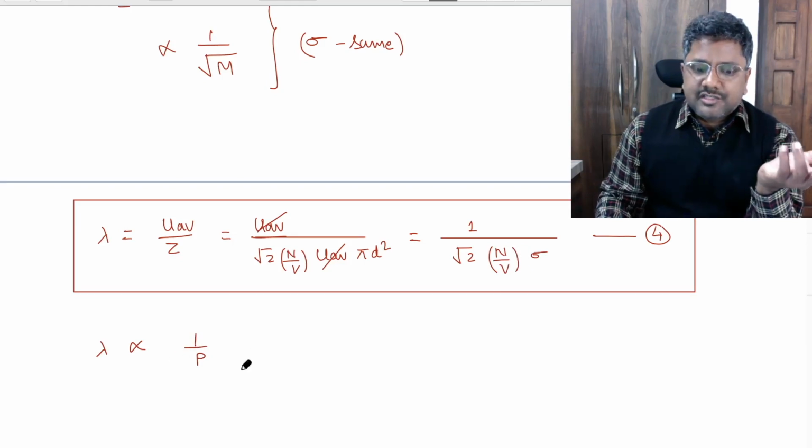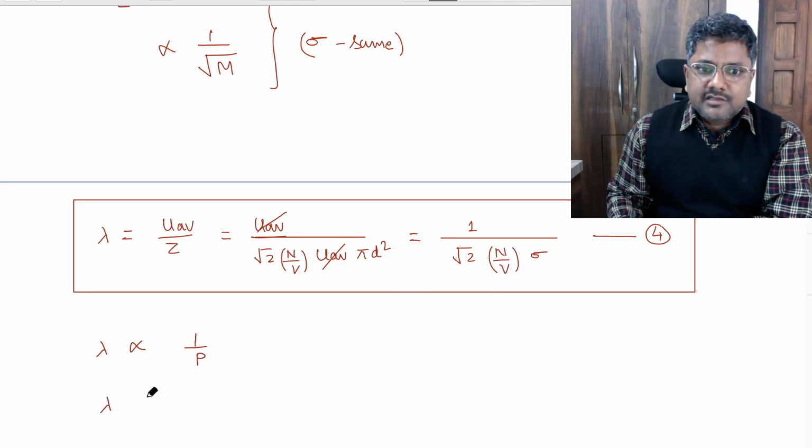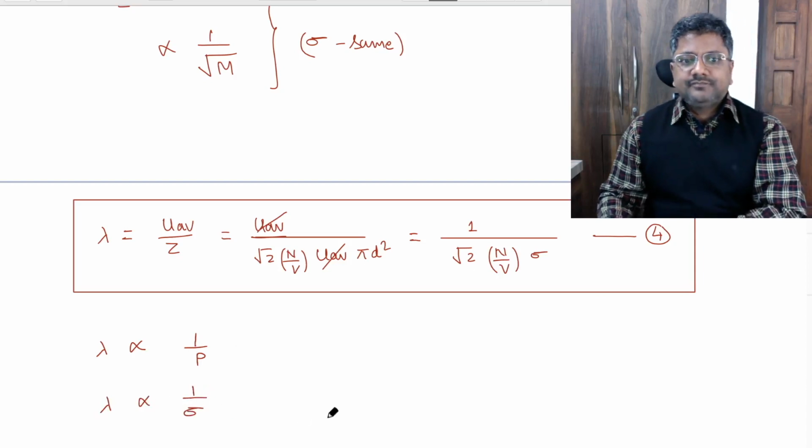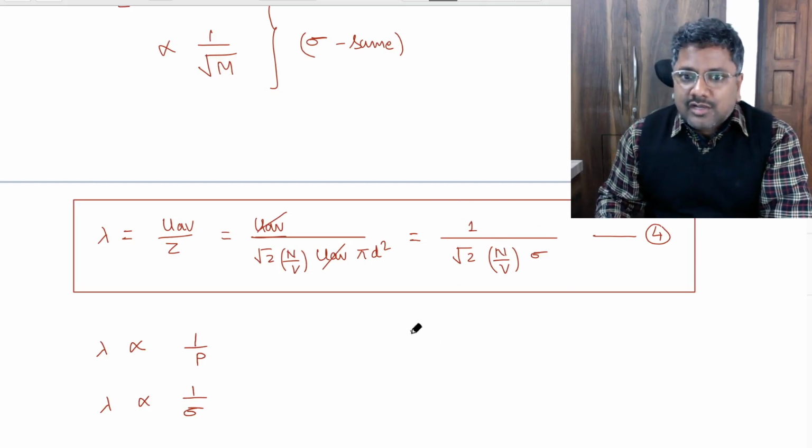Temperature is constant, so you can write this, and lambda is also inversely proportional to sigma. Is there any molar mass term here? No. So lambda is independent of the molar mass of the gas.